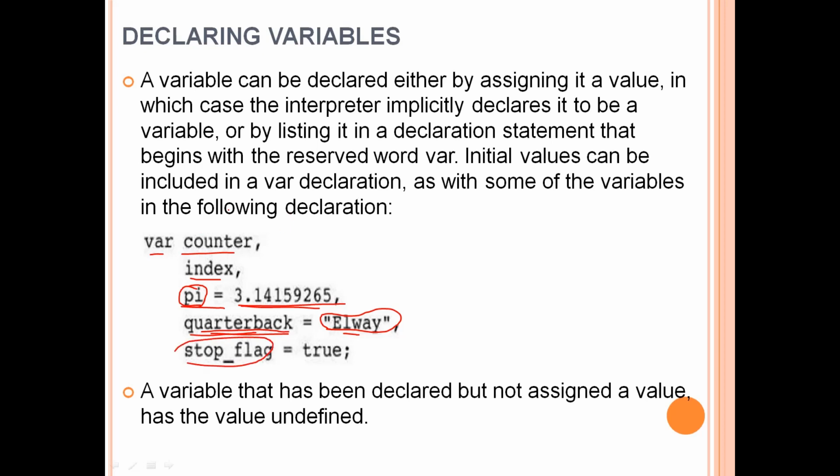To counter we haven't assigned any value. If we do not assign any value to a variable that has been declared, then the type of that variable is undefined, or the variable has a value that is undefined.